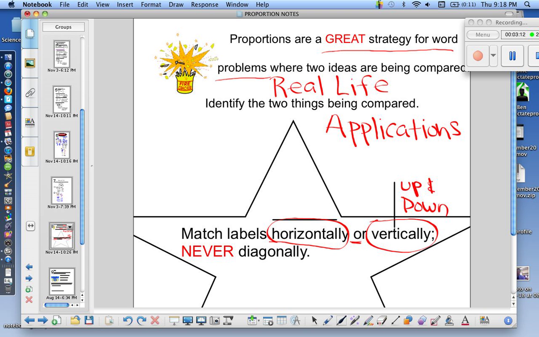And then we've got this horizontal line. Horizontal means side to side. So let's pause the video to make sure we have this information written down. And make sure you put a little box around never diagonally. That's very important. Never match the labels diagonally, only horizontally or vertically.